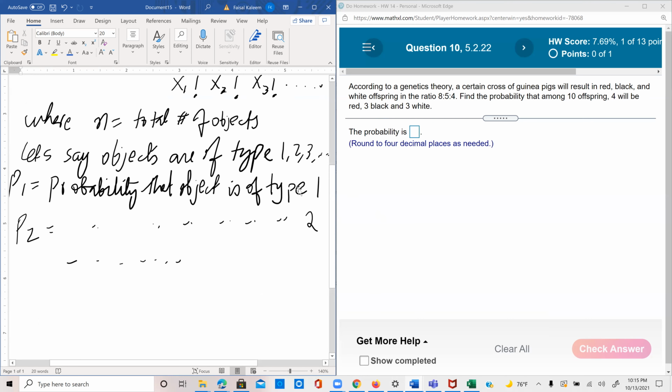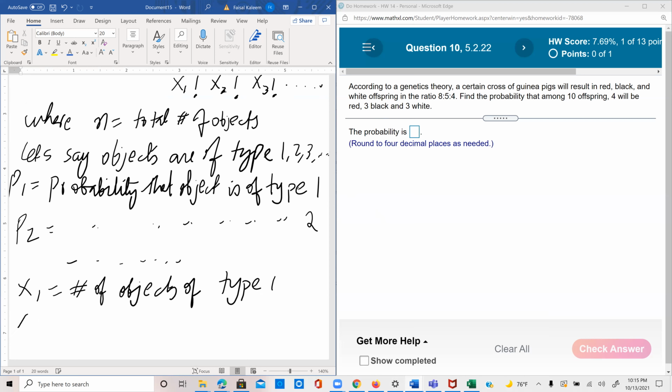P3, probability of type 3. So x1 is equal to number of objects of type 1, x2, number of objects of type 2, and so on.